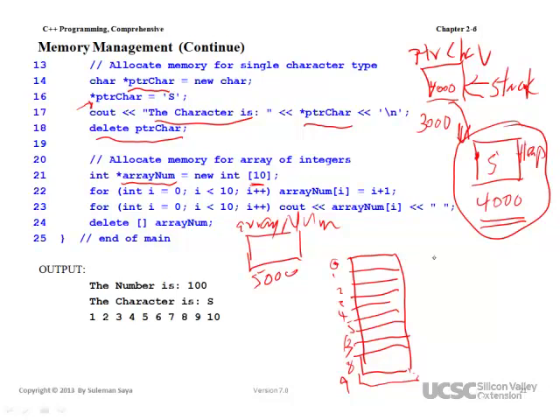Now this array will be created at some memory location in the heap. So this array is getting created in the heap. The pointer right here that we have is on the stack. So this will be on, I would say, just 6000.